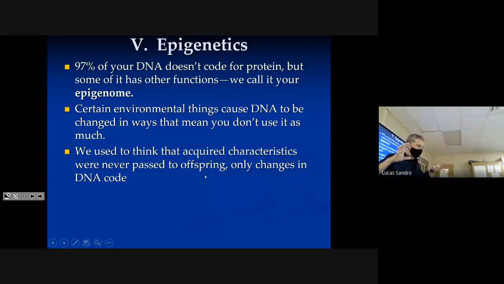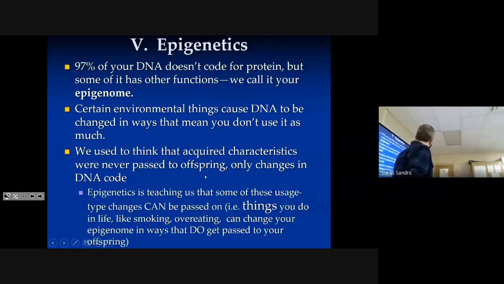And things happened to them because of that starvation that actually showed up in their grandchildren. That period of starvation actually caused increased disease risk two generations forward, which was unheard of. And so that's what got people looking at the epigenome and looking at what's happening to their DNA when they undergo these stresses.